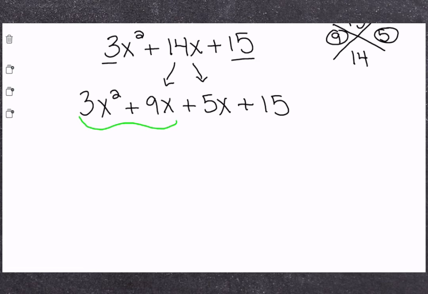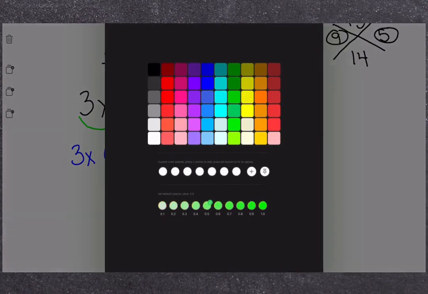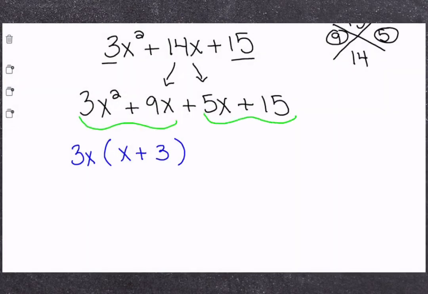My GCF is going to be 3 and an x. And in the parentheses, I'm left with x plus 3. And then I look at the last 2 terms, and the GCF among the last two terms looks like it's going to be a positive 5. And you're left with x plus 3.